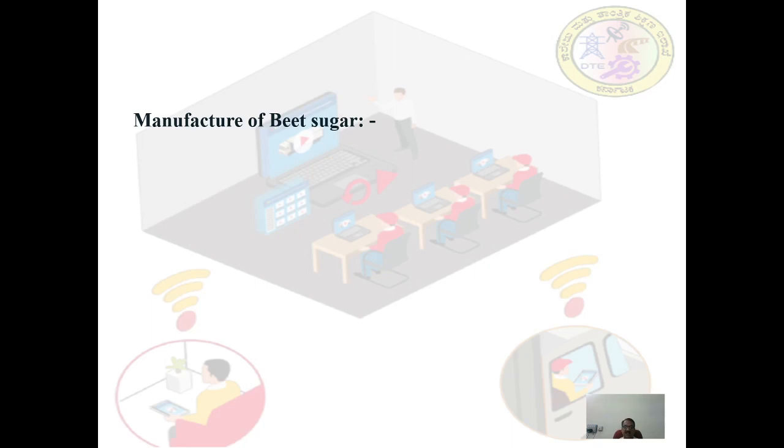Beets are washed, sliced, weighed and cut into narrow strips called coffettes. These coffettes are dropped into a specially designed countercurrent diffusion cell. The sugar is extracted countercurrently with hot water at 70 to 80 degrees Celsius.